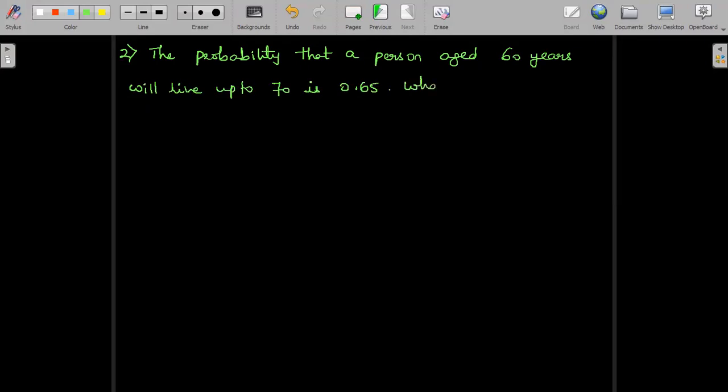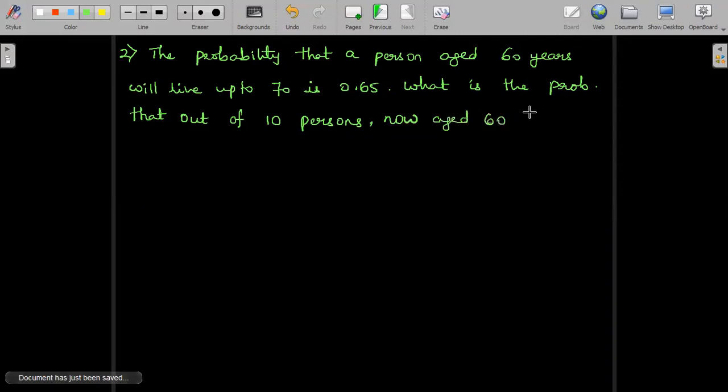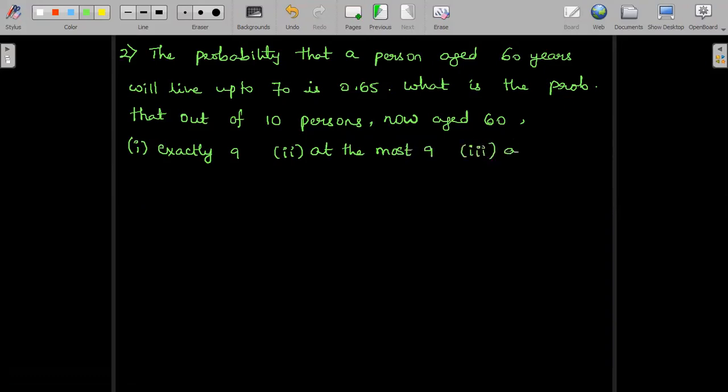What is the probability that out of 10 persons, now aged 60, first case exactly 9, second case at the most 9, and third case at least 7, will live up to the age of 70 years?